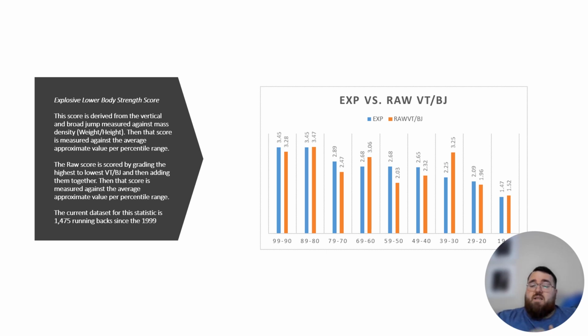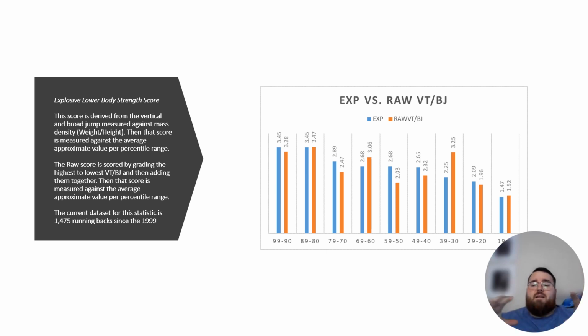And then when you get to the 69 to 60 percentile, the raw numbers, vertical and broad jump, are wonky again. In terms of the 60 percentile, it's wonky. And then when you go to the 59 percentile and 49 percentile, it's a little bit more stable. And then when you get to the 39 percentile, you see that the raw vertical and broad jump numbers have a big spike.